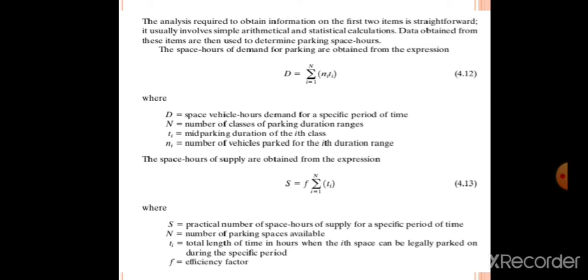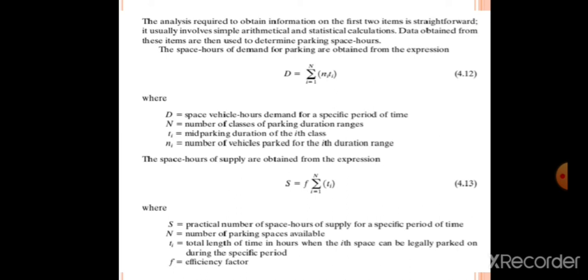So the space hour of demand for parking are obtained from expression. So this is the formula for the analysis required to obtain information. So D is space or vehicle hours demand for a specific period of time.